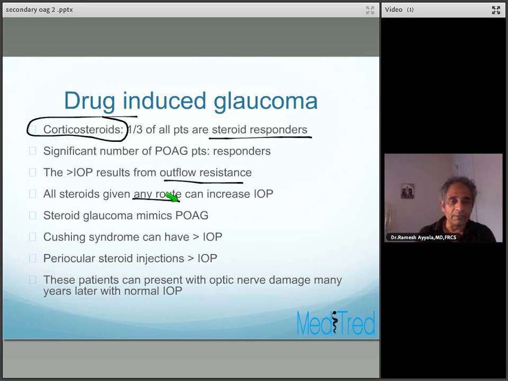Now that the treatment has been offered and the Cushing syndrome is resolved, many years later, on follow-up examination, the patient may have a visual field defect and optic nerve damage consistent with glaucoma, except in this situation, the pressures are okay and it's non-progressive. So it's important for you to take the history to distinguish these situations from active disease processes that will need treatment.